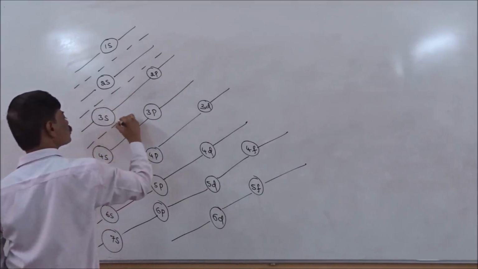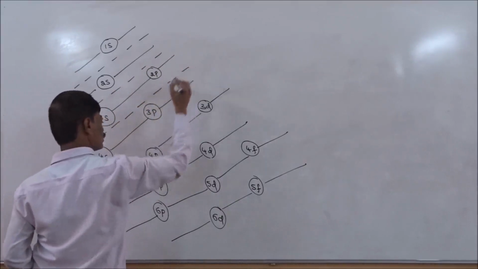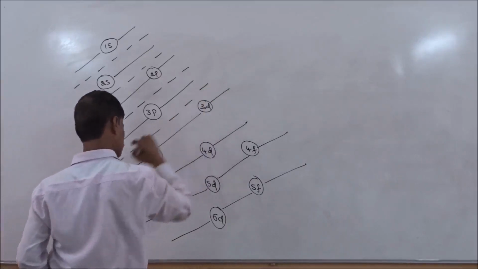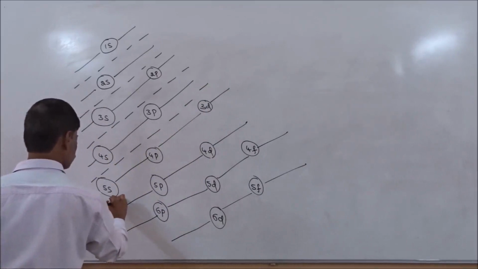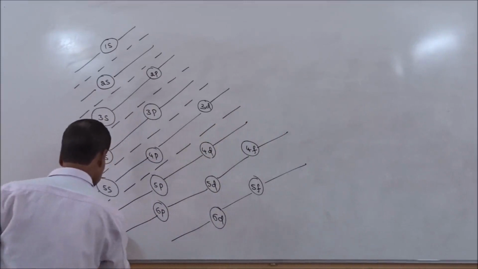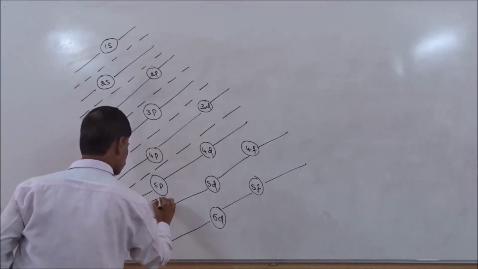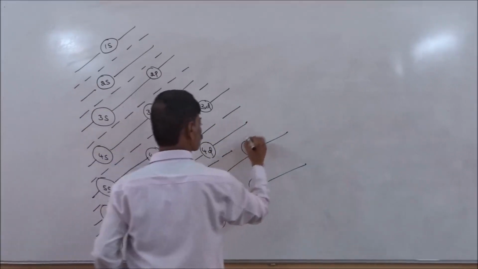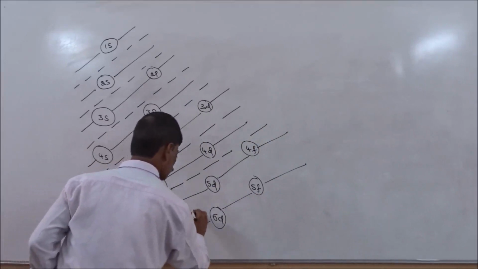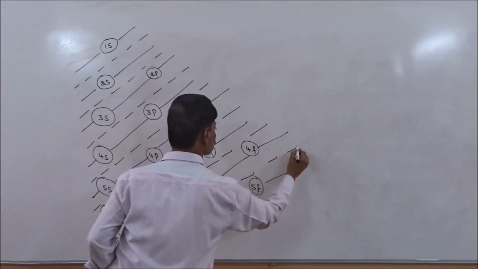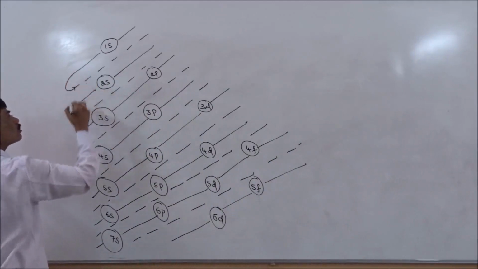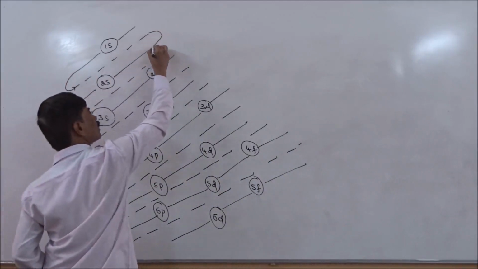These are the clues to remember to draw the diagram without any error. Now, you need to join in this way. The solid line, you need to join this way, and the dotted line this way.